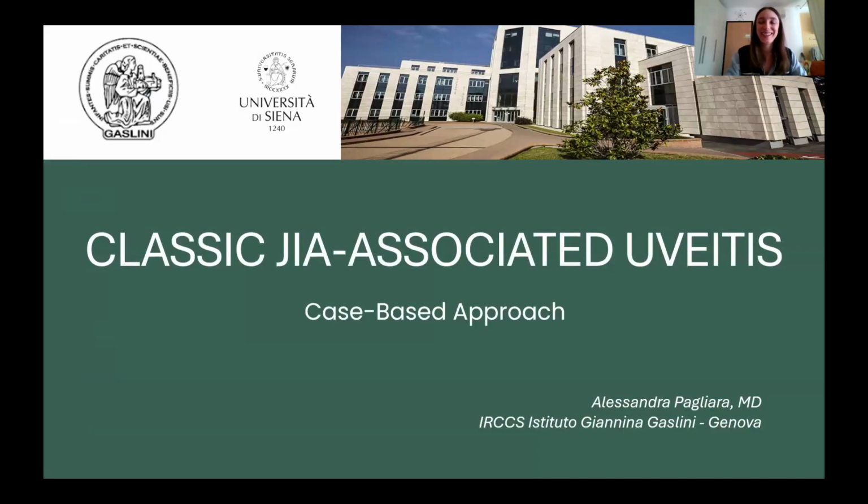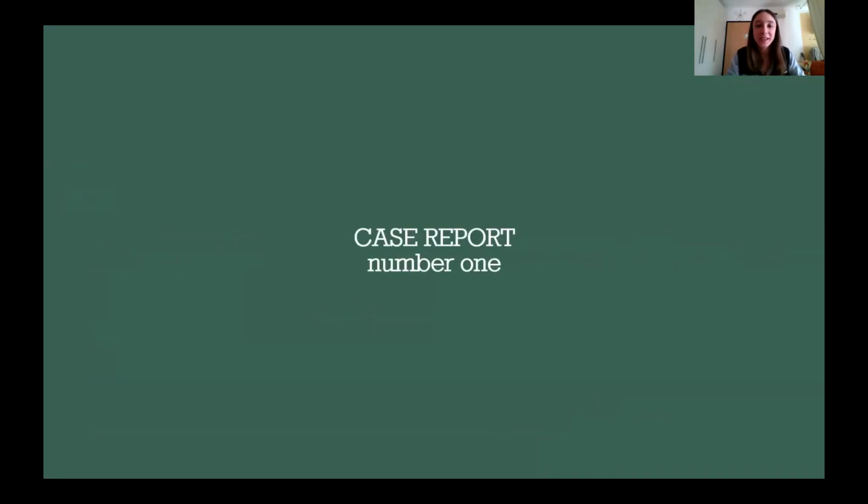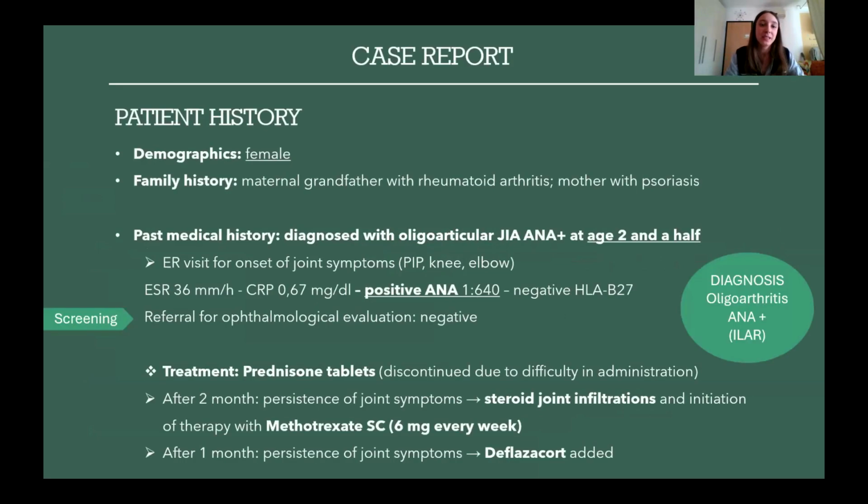Hello, everyone. Thank you for your kind invitation. Today, I'm going to talk about two classic cases of JIA-associated uveitis. So let's start with the first case. She's a female patient diagnosed with oligoarticular JIA at the age of 2.5.